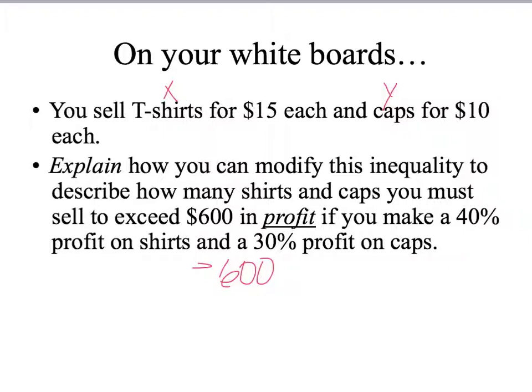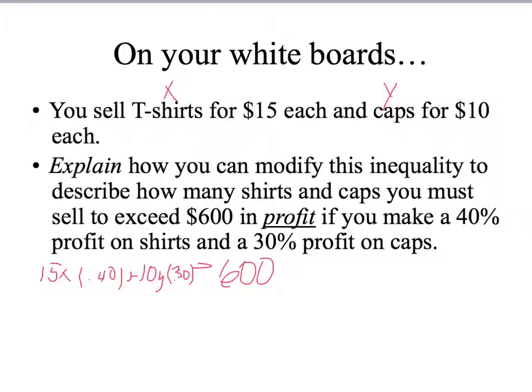All right, then I'm still selling the t-shirts for $15, but for each one I sell, I get to keep, what's my profit for shirts? 40%. Okay, and then I still have my 10 times Y, but I'm making a 30% profit.